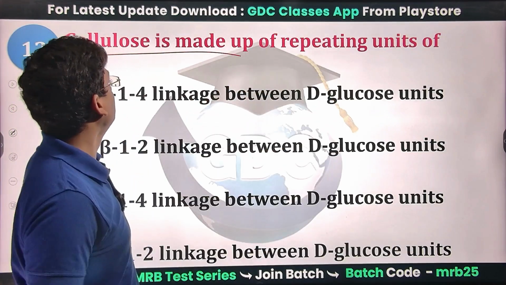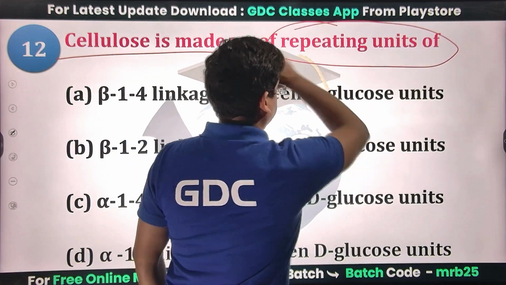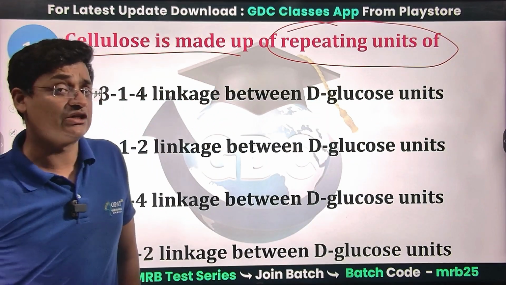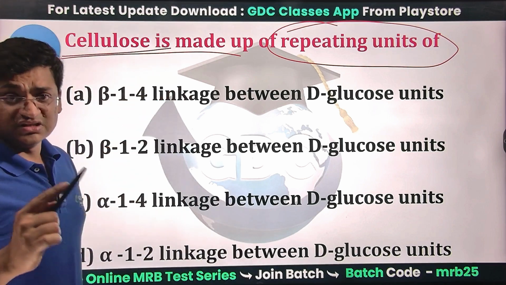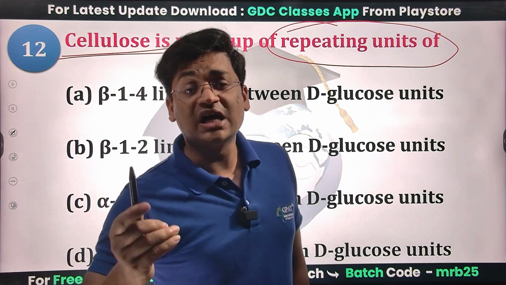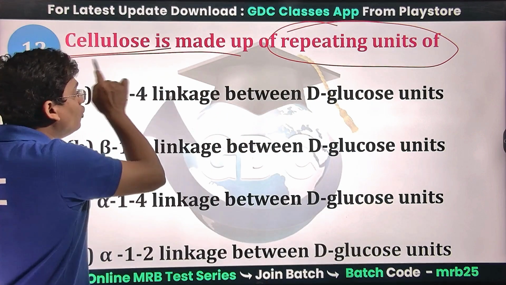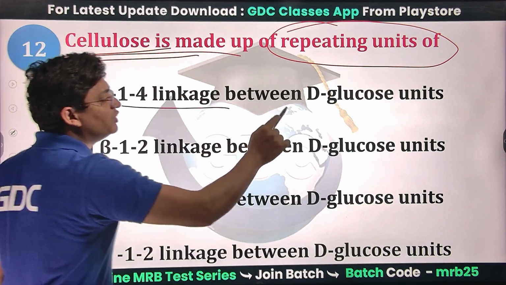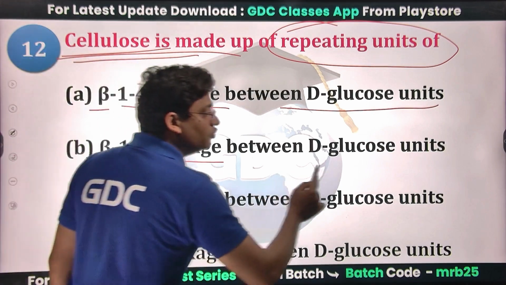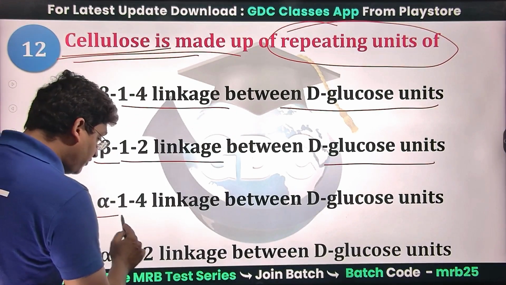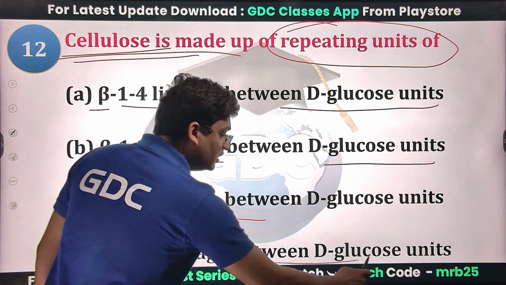Next question: cellulose is made up of repeating units of what? Cellulose is found in the plant cell wall. Cellulose is made up of beta 1,4 linkage between D-glucose units, rather than alpha 1,4 linkage or alpha 1,2 linkage between D-glucose units.